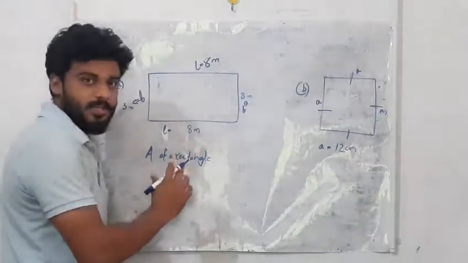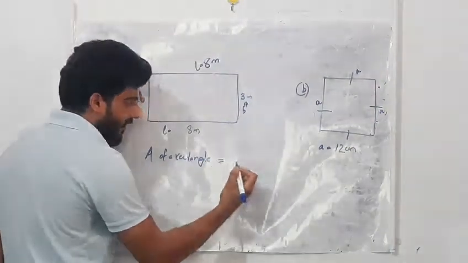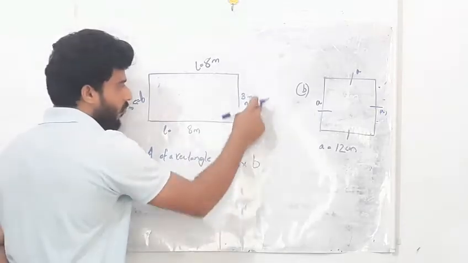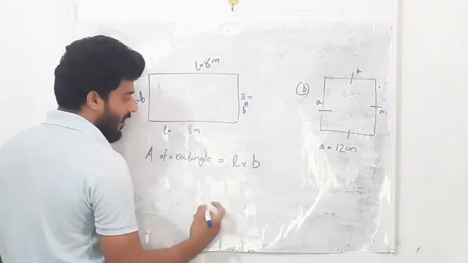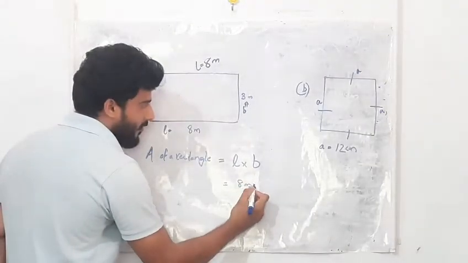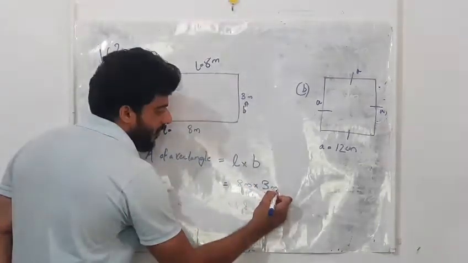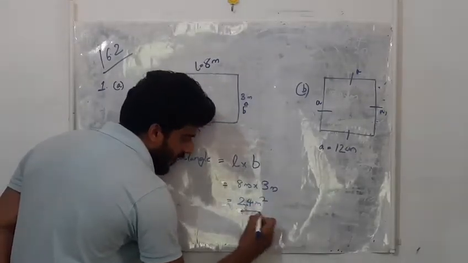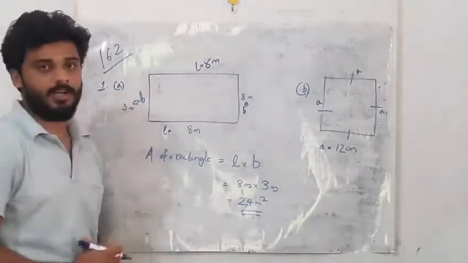Area of a rectangle is length into breadth, which is 8 meters into 3 meters, equal to 24 meters square.